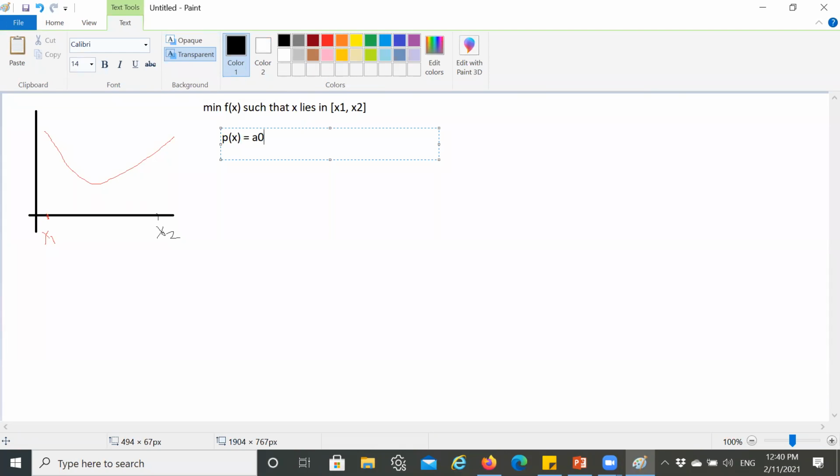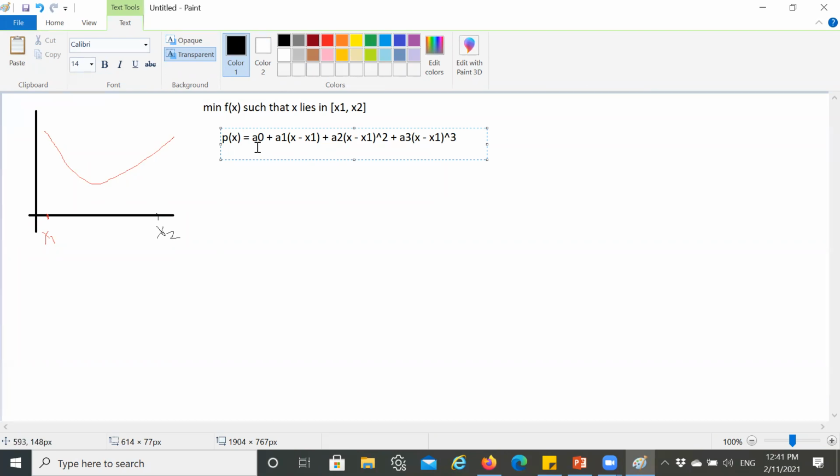Let's say we have a0 plus a1 times (x minus x1), this is a different way of writing a polynomial equation, and I'll tell you how we got this. If anyone knows how we got this, then that's good. Actually, I'm going to ask you how we got this. Plus a2 times (x minus x1) to the power 2, plus a3 times (x minus x1) to the power 3.